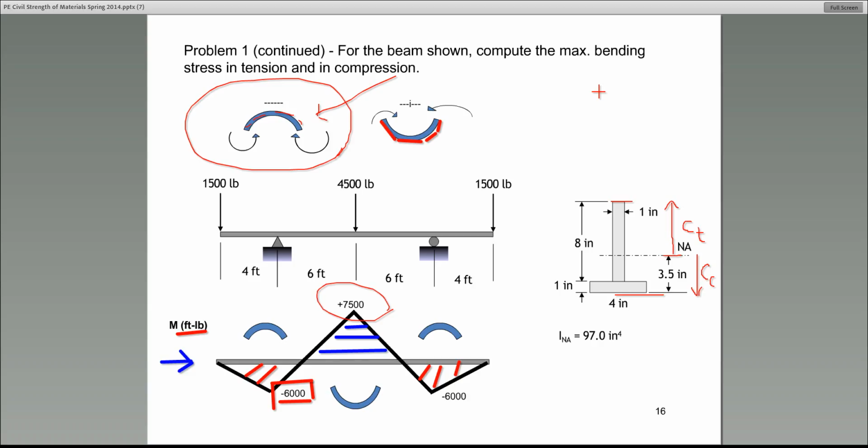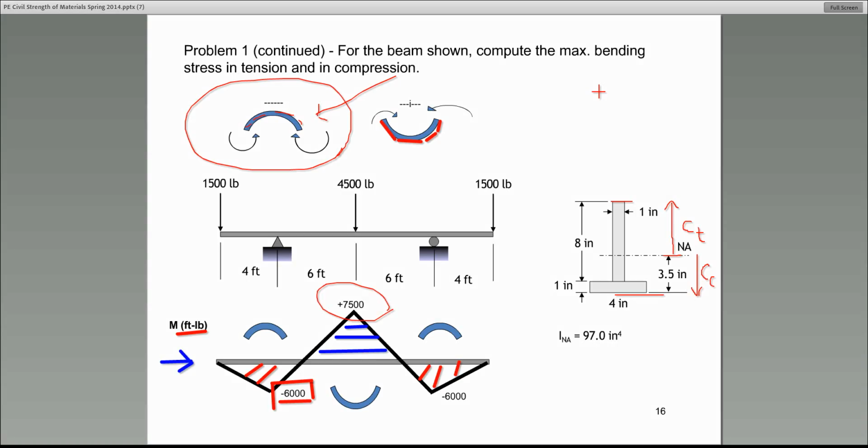Assess it this way. Ask yourself, is the cross-section symmetrical or non-symmetrical? If the cross-section of the beam is symmetrical, for example, if it's a rectangle, or a symmetrical I-beam, then you do not need to do double analysis.